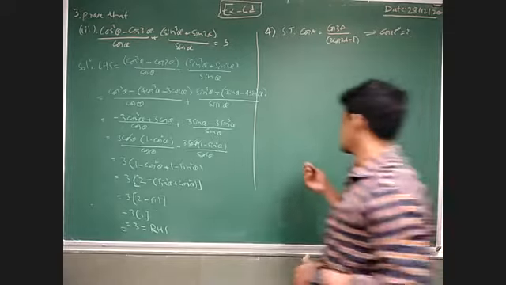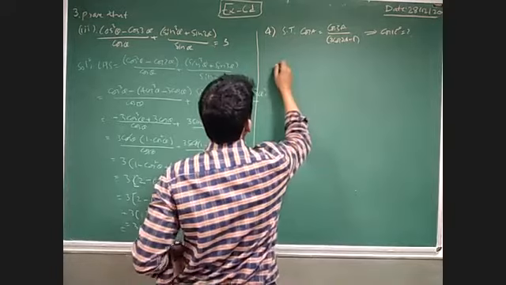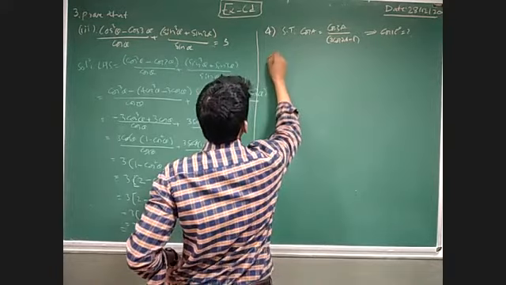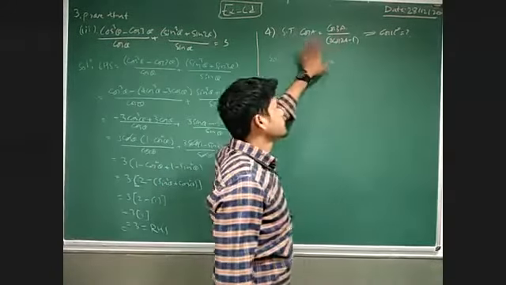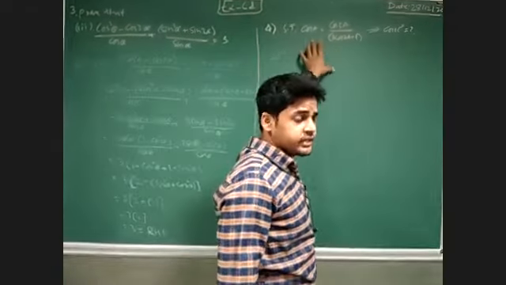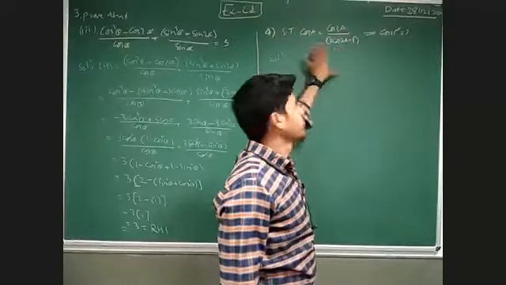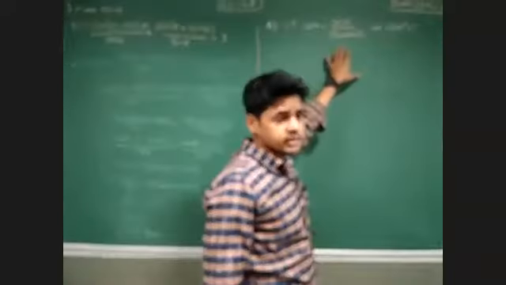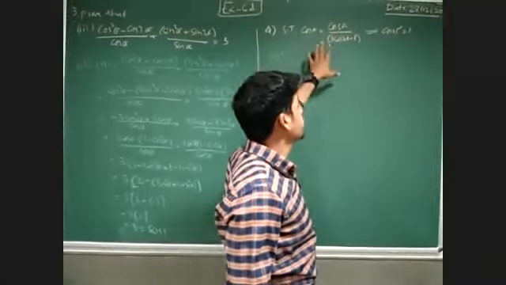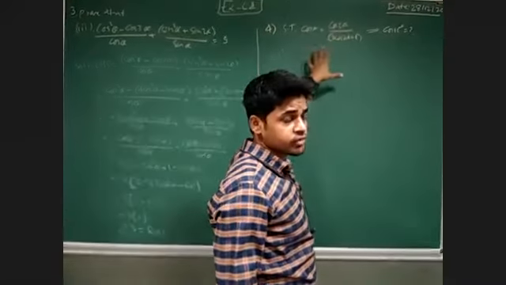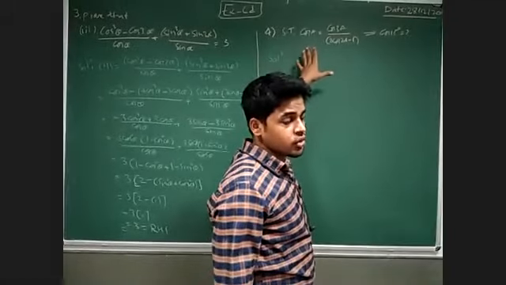So just see here, solution. First of all, here we have left hand side and right hand side. In left hand side the value is small and in right hand side the value is bigger. Now we have to show that these two quantities are equal.